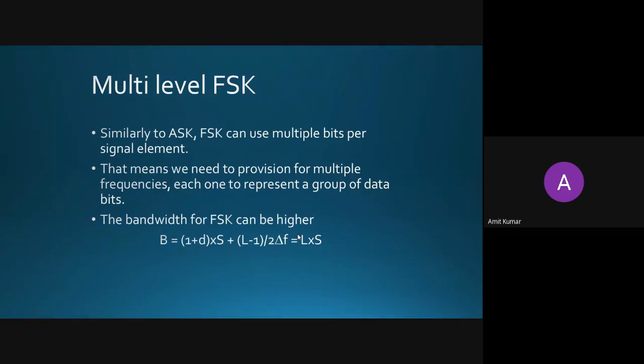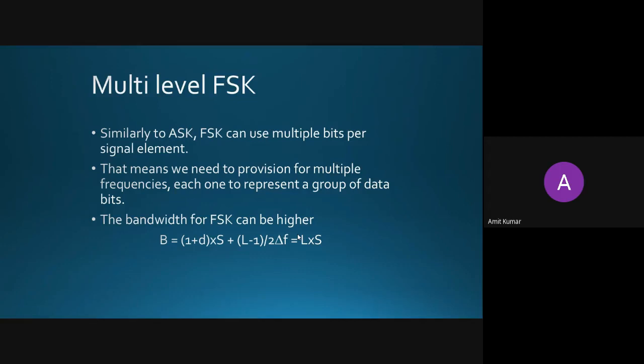Why have we taken L minus 1? Because the number of levels will be 0 to 7. If your number of levels is 8, the maximum integer present will be 7. So that's why they have taken L minus 1.